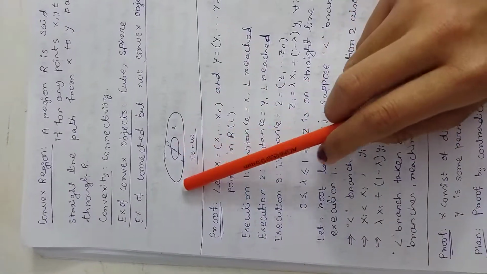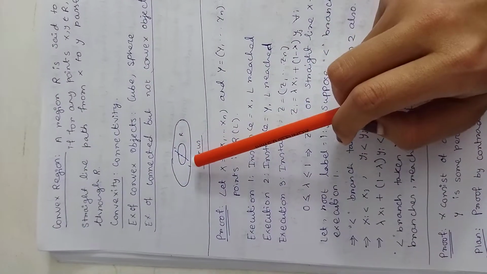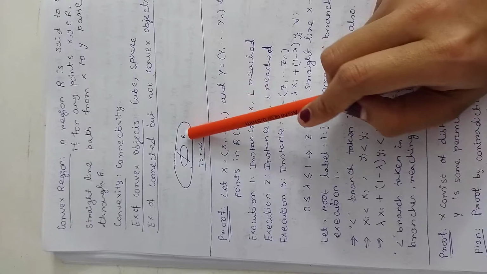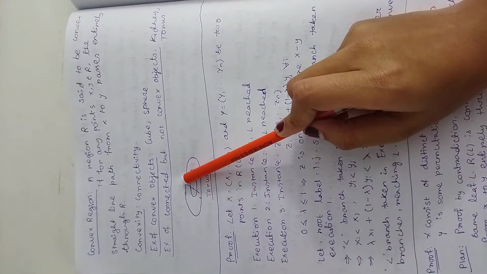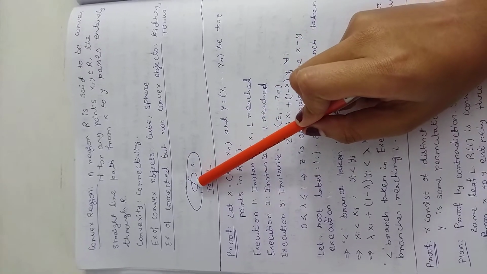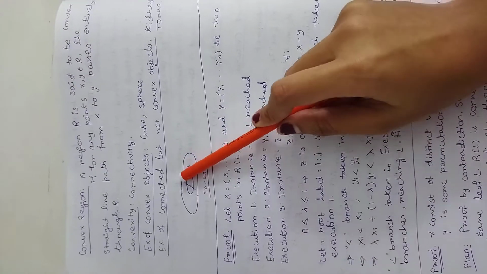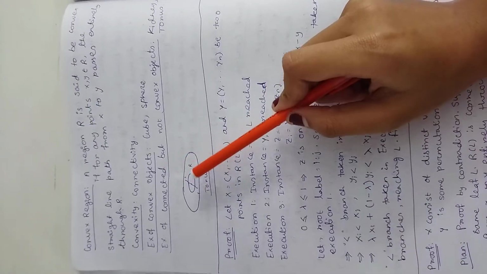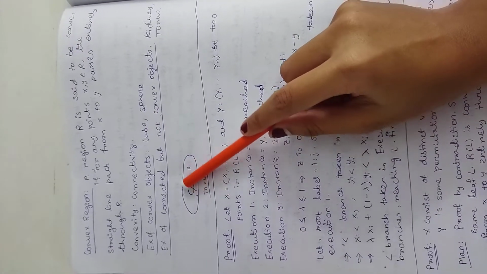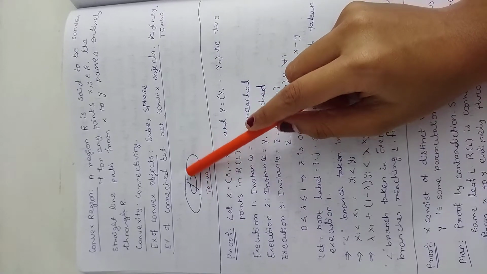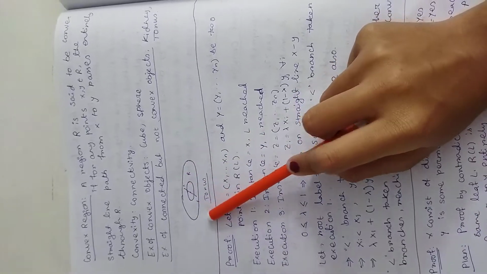In this drawing, x and y are two different points in R, and when we connect both of them, we can see that x and y are connected and both lie in R, but the entire line doesn't go through R. So we can say that it is connected but it is not convex.